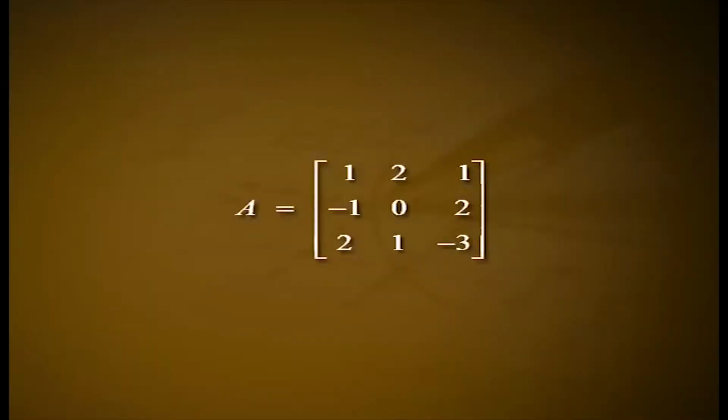Example 1. Reduce the matrix A equal to matrix 1 2 1, minus 1 0 2, 2 1 minus 3 to its normal form.